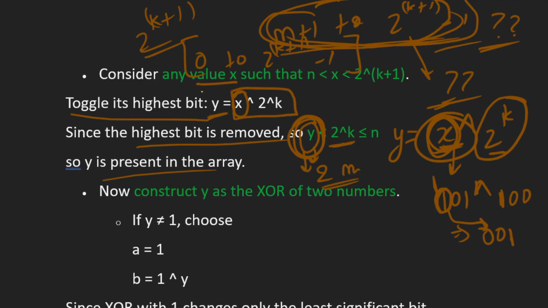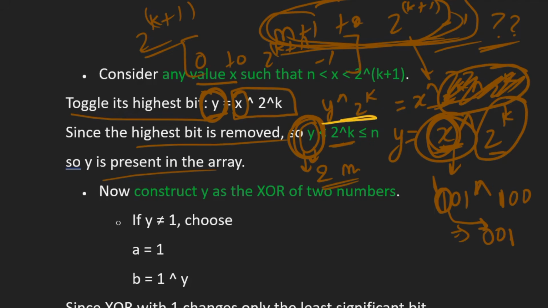Once we construct this y using two numbers from the array, then when we do y XOR 2^k, we'll get x XOR 2^k XOR 2^k. And as we know, XOR of two same numbers is 0, so this will become 0. So y XOR 2^k will become x, and that is what we want to achieve.